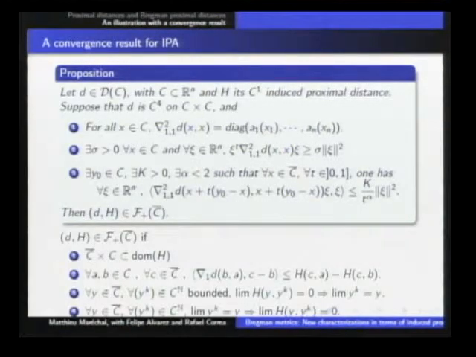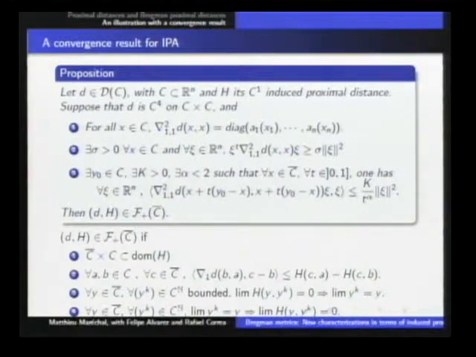I recall the definition of dH belongs to F plus of C bar. It is in F plus of C bar if H has a finite value on C bar times C. If we have this inequality, we are satisfied for all c belongs to C bar. And moreover, we have the third and fourth properties. I will present the proof of this result.